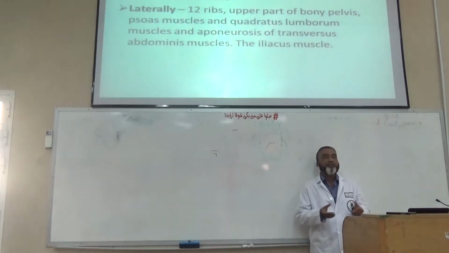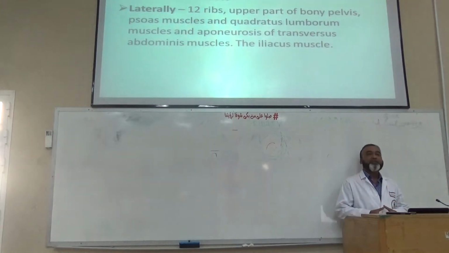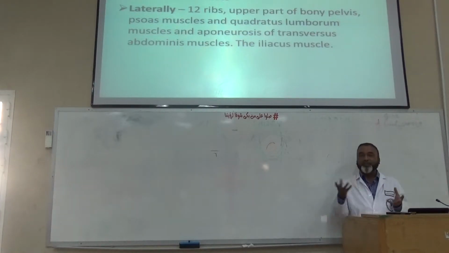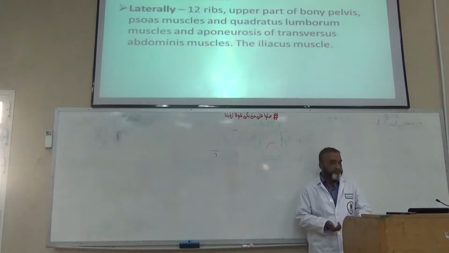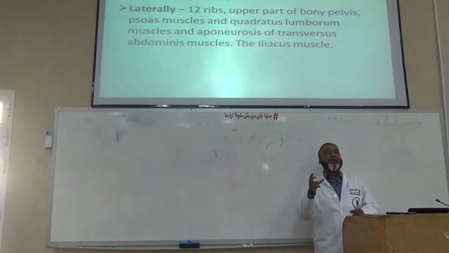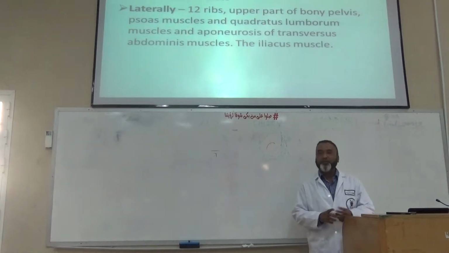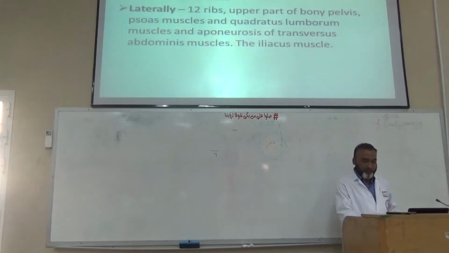Then from there we have the muscles named the psoas muscle, the quadratus lumborum muscle, and the iliacus muscle, plus the aponeurosis of the transversus abdominis muscle. So these are the muscles, and the psoas minor, when it is present, is also present in the posterior wall of the abdomen.